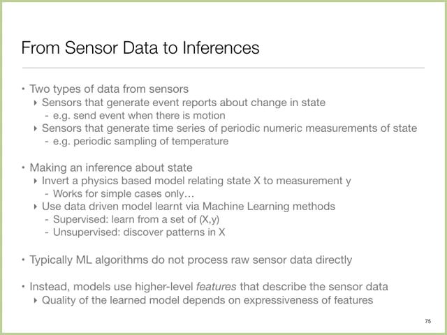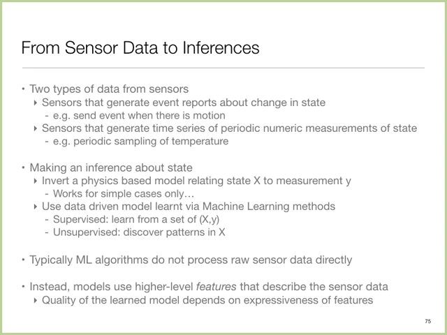Okay, finally, it's about making the inferences. So how do we go from sensor data to inference? Broadly speaking, we encounter two kinds of sensors. Sensors that generate event reports, which are basically reporting a change in state of the system. Like, for example, every time the door opens or closes, maybe it sends out something, or every time there's a motion, it sends out something.